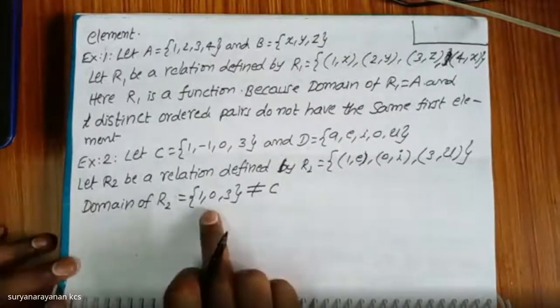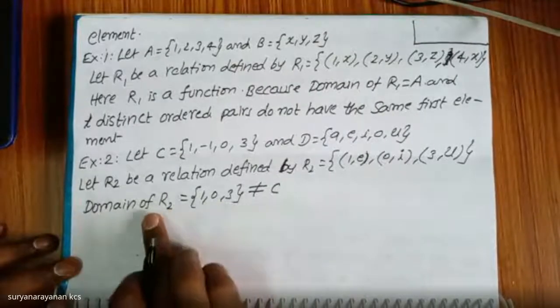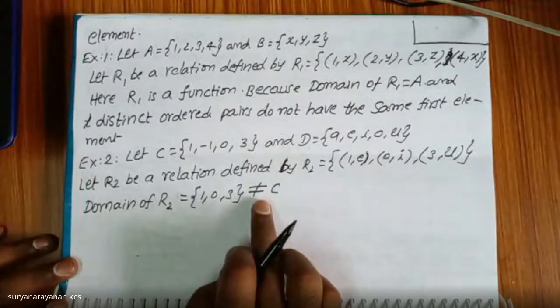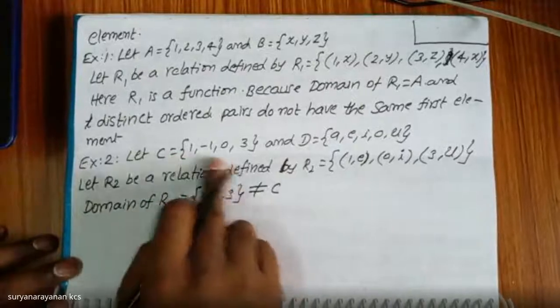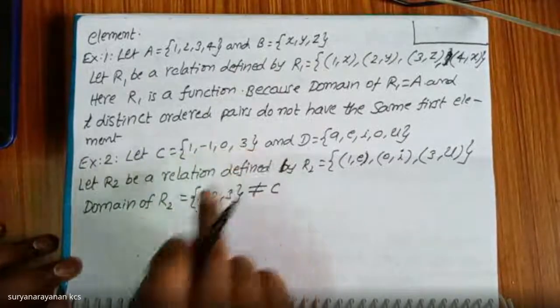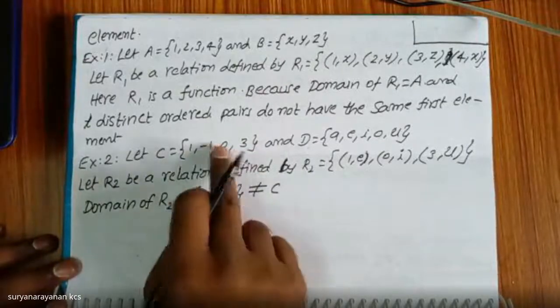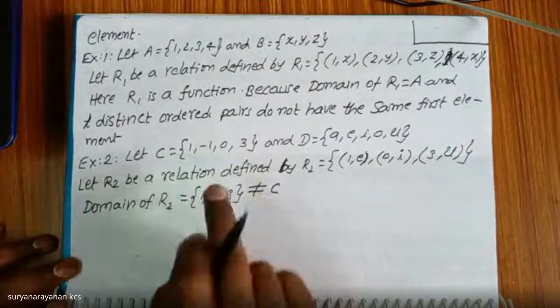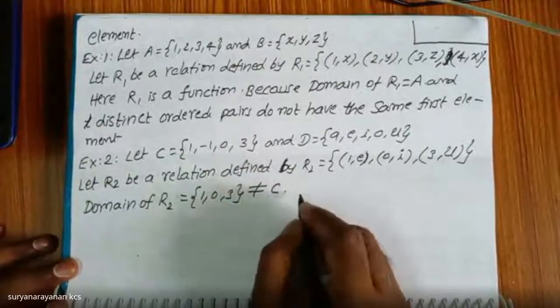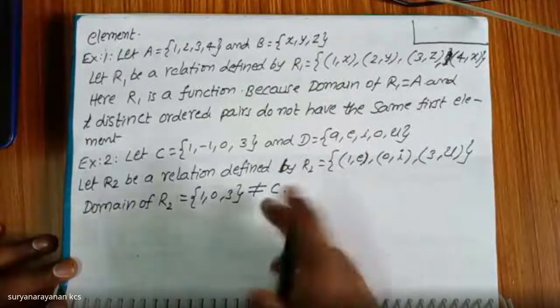Actually the first set is {-1, 0, 3}, but the domain of R2 is {0, 3} only. Both are not the same sets. That is why we can say that it is not a function.